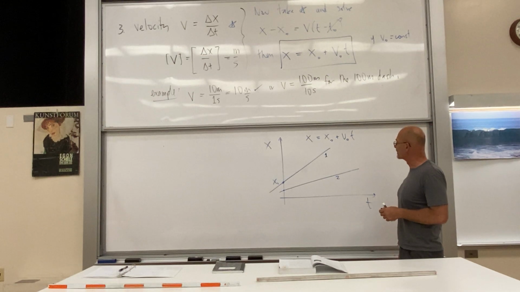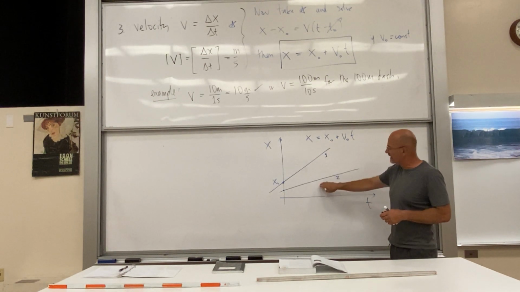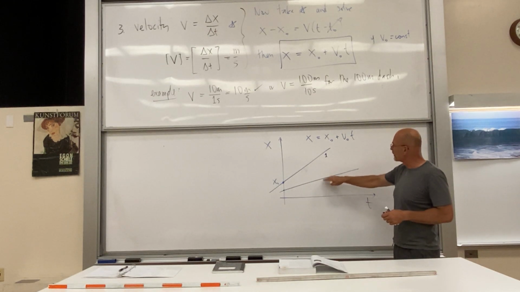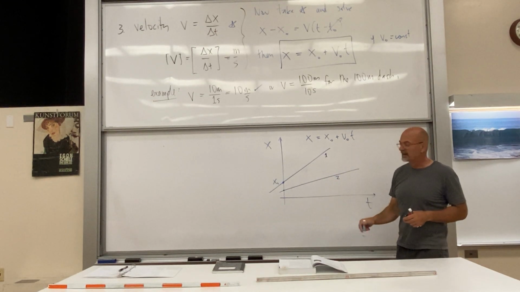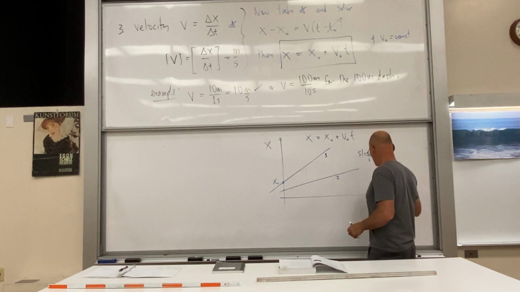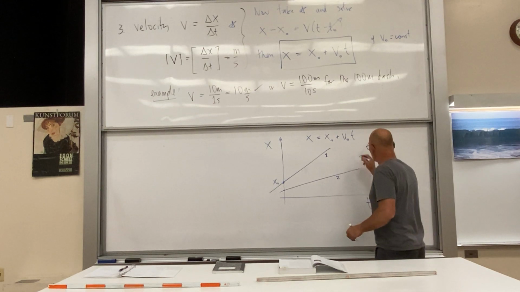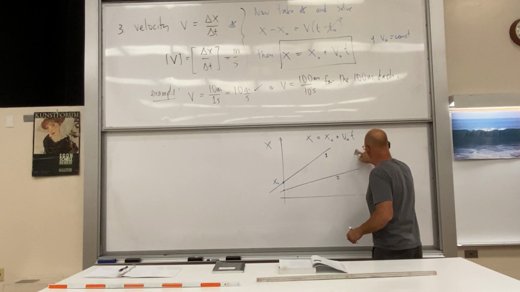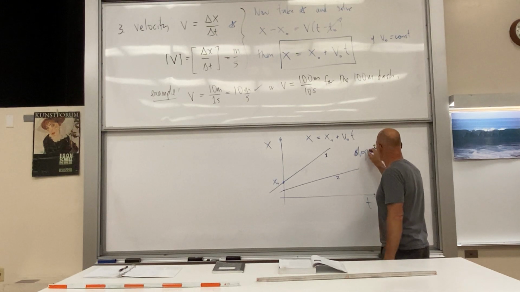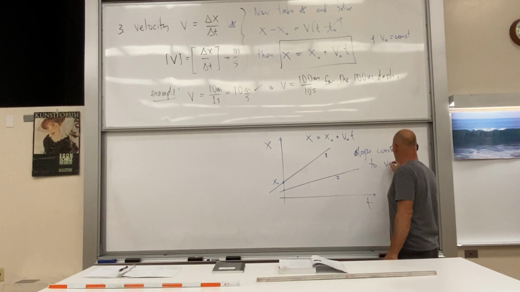Who's moving faster? The greater slope, this has a greater slope, 1 than this 2, and the greater slope corresponds to the greater speed, or velocity. Slope corresponds to velocity.